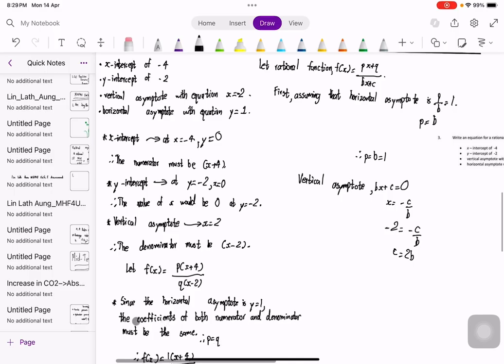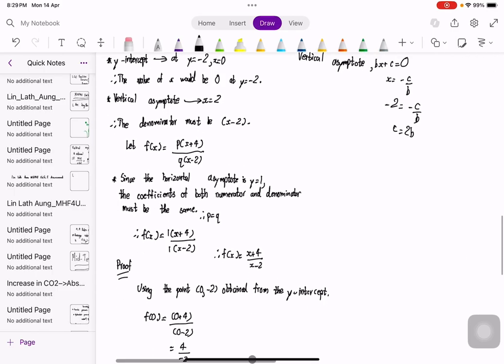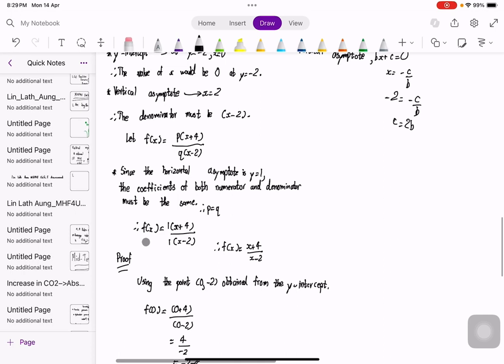Since the horizontal asymptote is y is equal to 1, the coefficients of both numerator and denominator must be the same, which means p and q would have to be 1. So the final equation is f of x equal to x plus 4 over x minus 2.